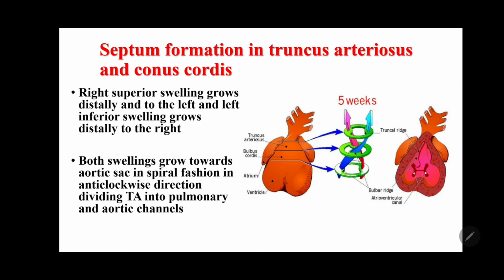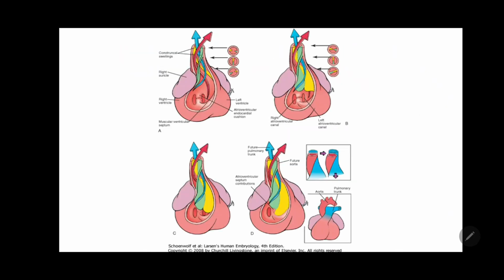In the middle portion, they are coming left and right. Left side pulmonary trunk, right side aortic sac. In the distal portion, anterior is aortic sac, posterior is pulmonary trunk, just like what we see in the adult heart. If you just revise the course of the ascending aorta and pulmonary trunk, you can get the orientation of the spiral septum here.